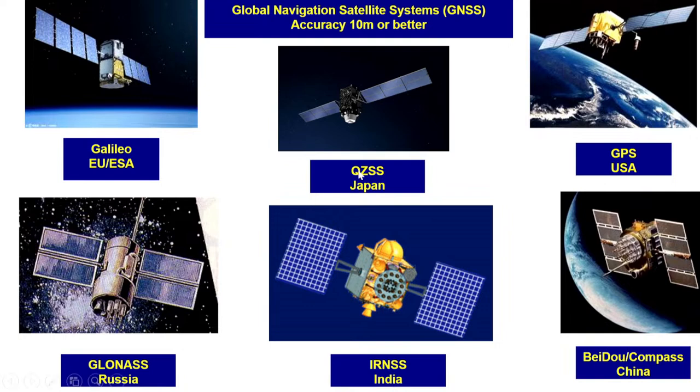GPS is the oldest, and IRNSS and QZSS are the youngest. Currently I am using GPS data to understand the crustal deformation in the Himalayan region.